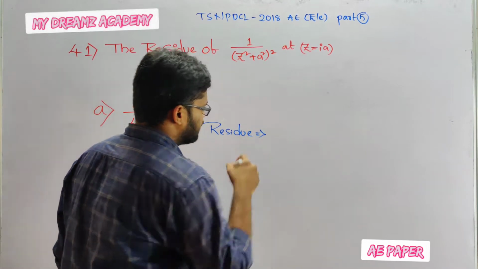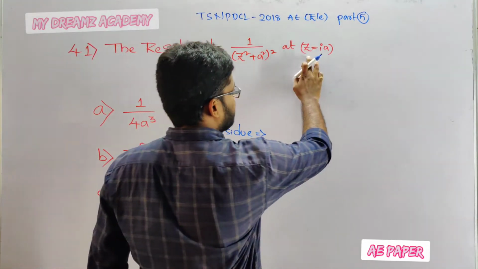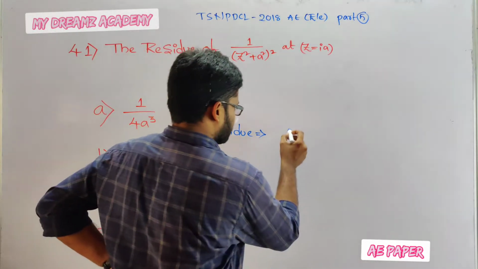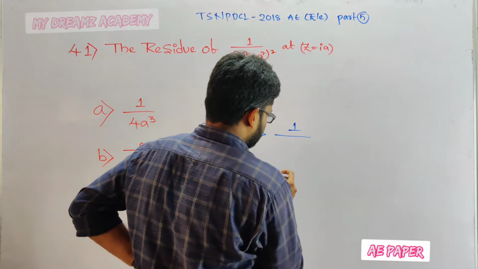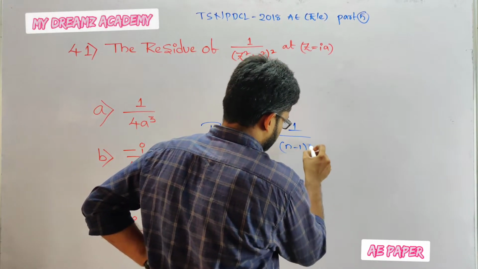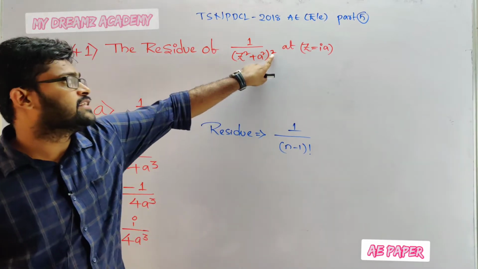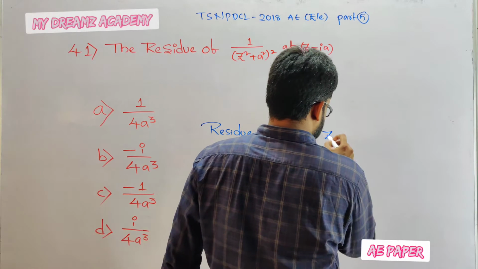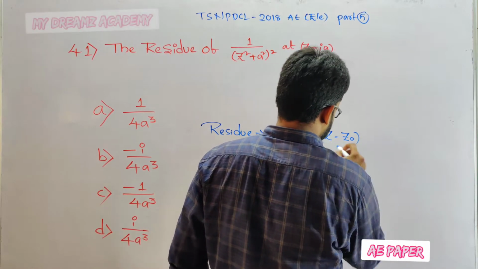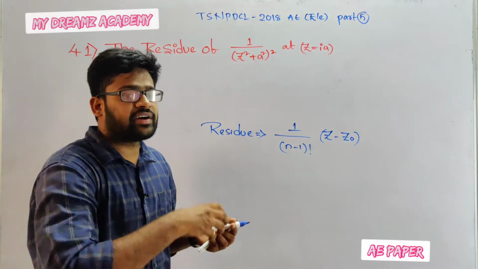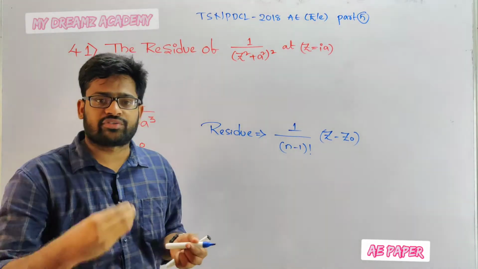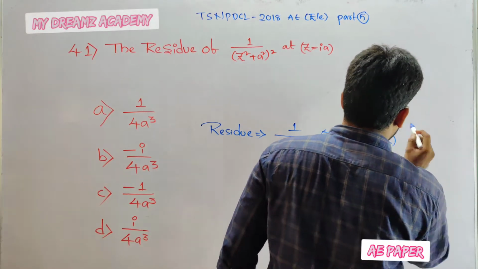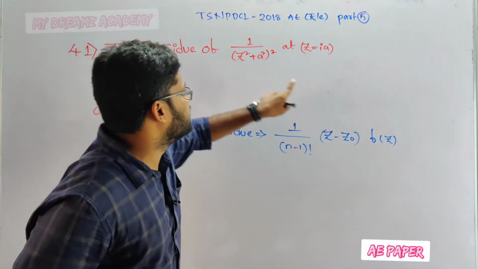The residue will be calculated like this. We need to calculate it at z equals ia. That is 1 by (n minus 1) factorial, here n is 2, so n minus 1 is 1, times (z minus z naught), because we are finding the residue at z naught, then the function f of z, where the function f of z is this one.